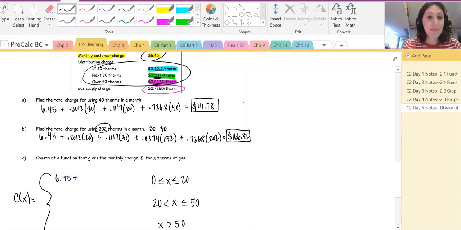Plus, you're paying the 0.2012 times your number of therms. So your number of therms is X, right? Plus, you also have to pay your gas supply charge. So plus 0.7268 times the total number of therms, which is X.